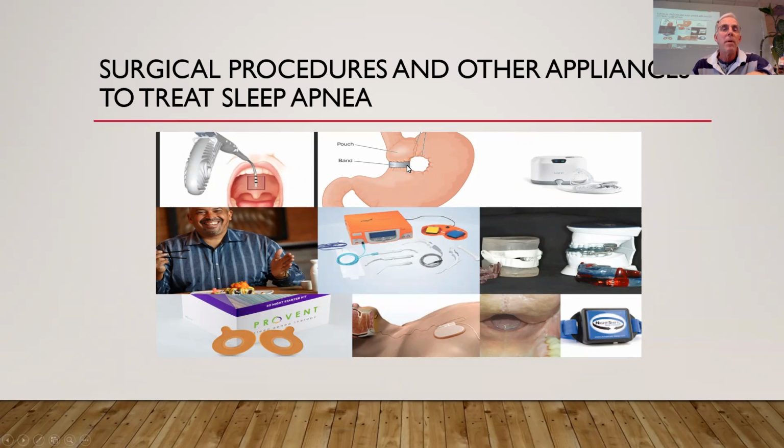If there are troubles with weight, maybe that individual needs surgery to do something to the stomach to help with their diet and what they take in that's maybe contributing to the problem. And of course, there are other appliances and other devices.